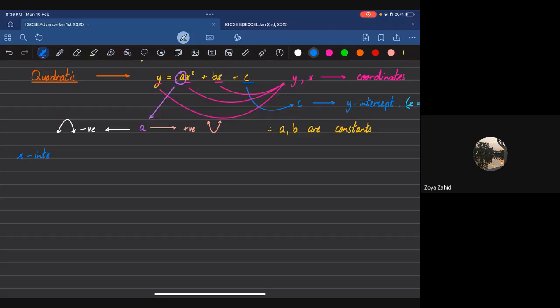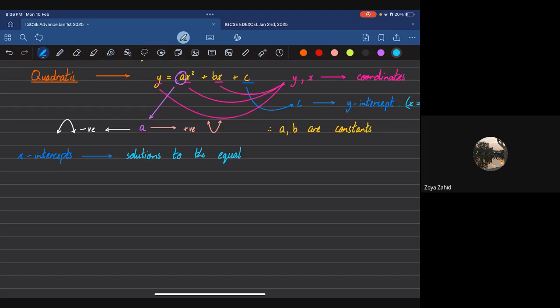Maybe the graph cuts the x-axis too. These are also known as solutions to the equation.